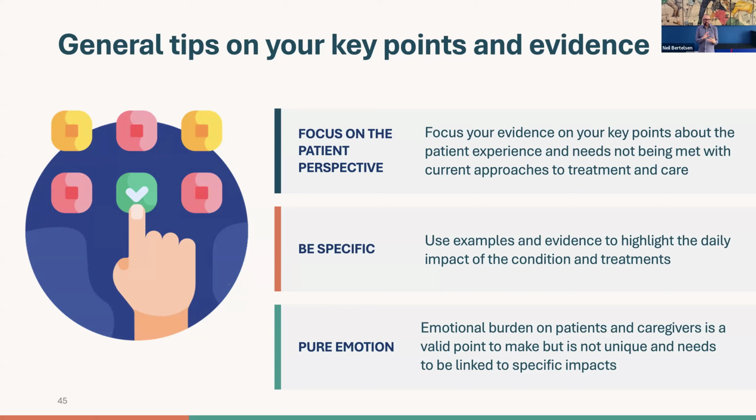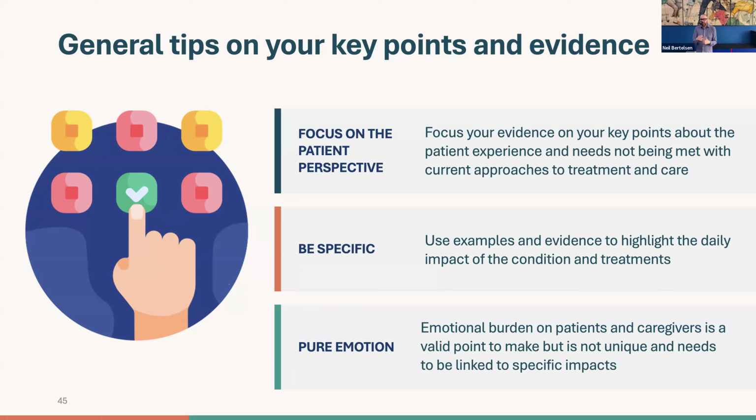So it doesn't help to show what's different or specific about Parkinson's. But it also means that you lose the ability to be specific about emotional impacts caused by the disease that have an impact on people's lives.